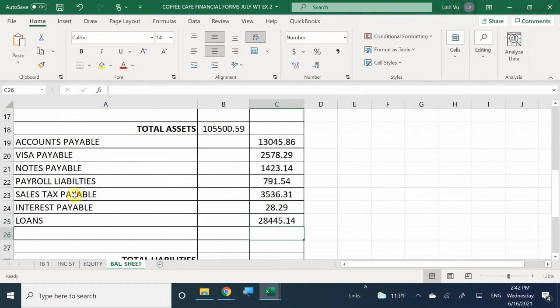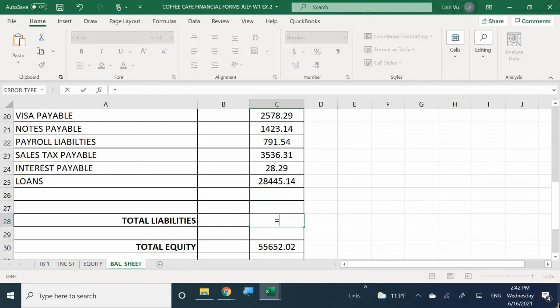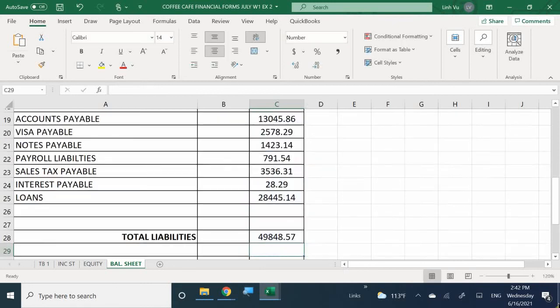Do we include owner's equity? Is that considered a liability? No. So what's your total liabilities? $49,848.57.